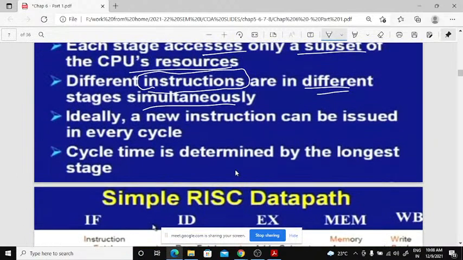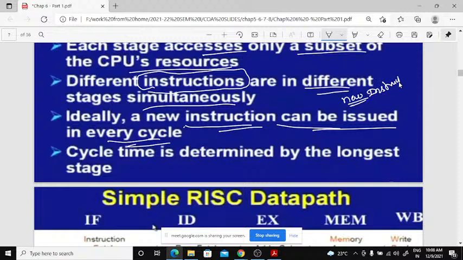So ideally, a new instruction can be issued in every cycle. A new instruction being issued means a new instruction is executed in every cycle.